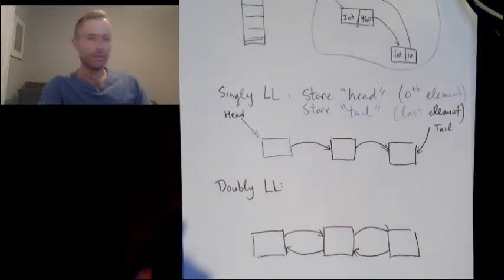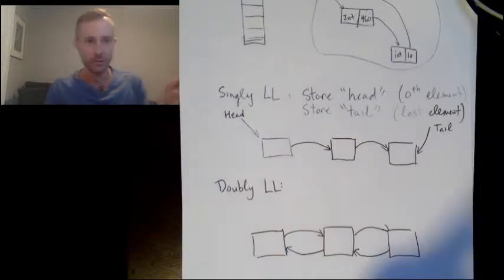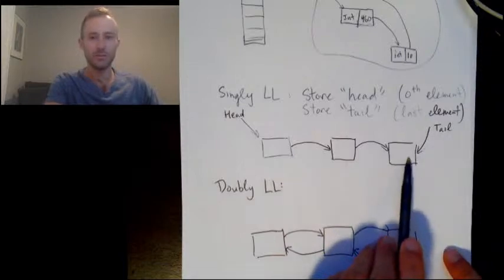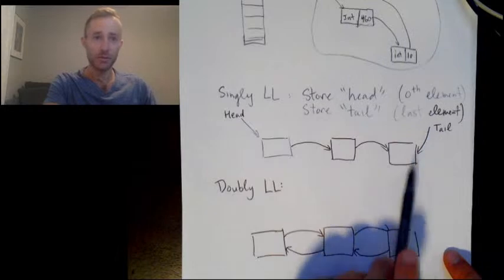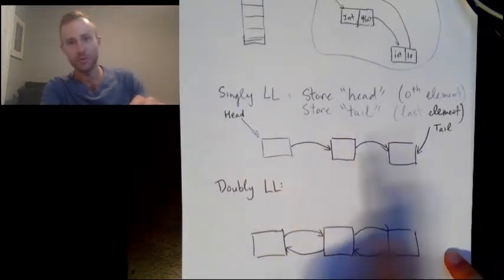So what that means is, for a singly linked list, you can only traverse the list in the forward direction because, for example, the tail isn't storing the memory address of the previous element. It only stores the memory address of the next element. So you can only go forward.